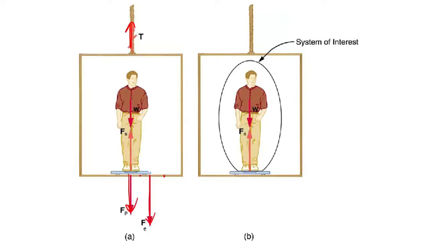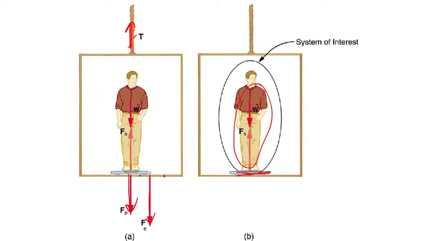Okay? So really, we're not looking at the whole thing. I want to look at just this system where this guy is standing on this scale right here. And of course, there's the force of him on the scale and the force of the scale on him, right? The normal force.